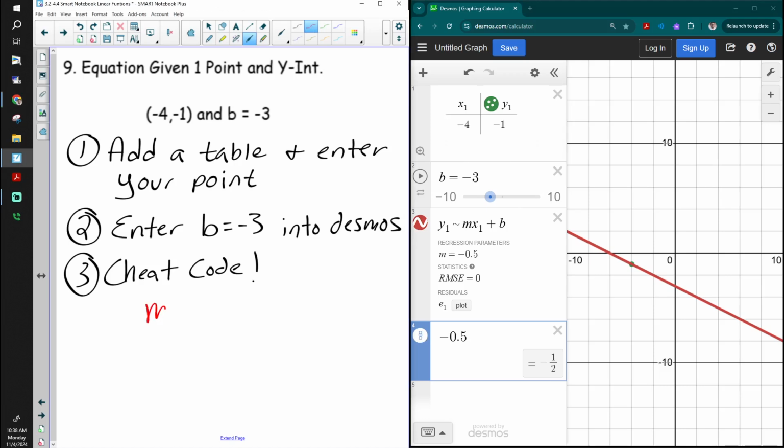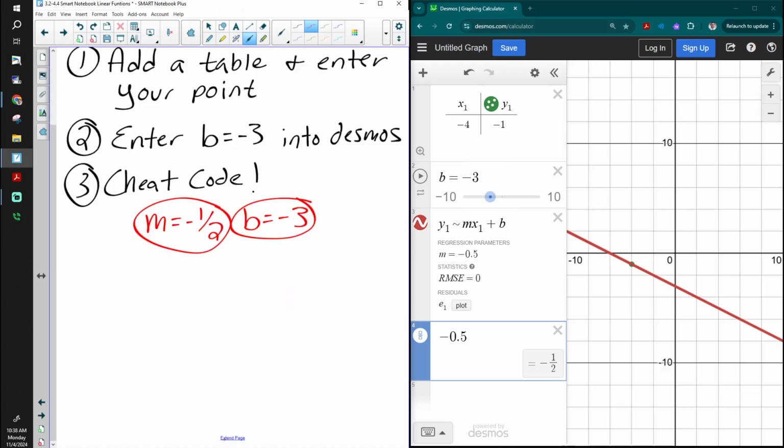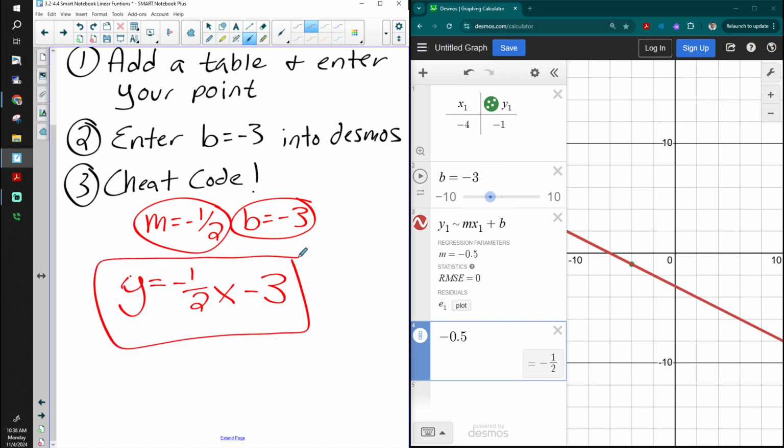So m is -1/2, and b was given -3. Using m and b, we can write our equation. y equals -1/2 x minus 3. Because the 3 is negative.